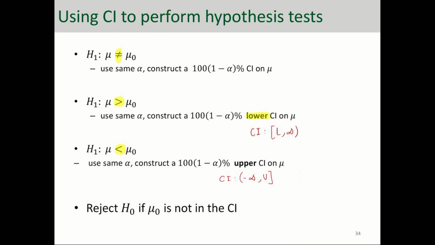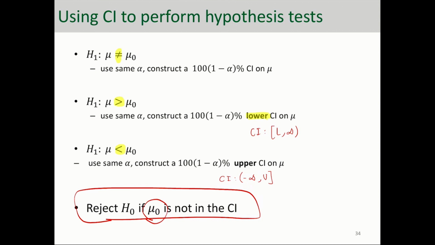And once you constructed the confidence interval, how do we make a decision? We reject the null hypothesis if mu naught, your hypothesized mean, is not in the confidence interval.